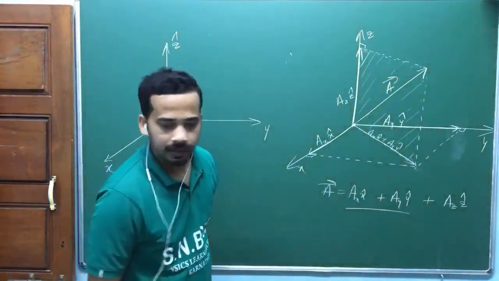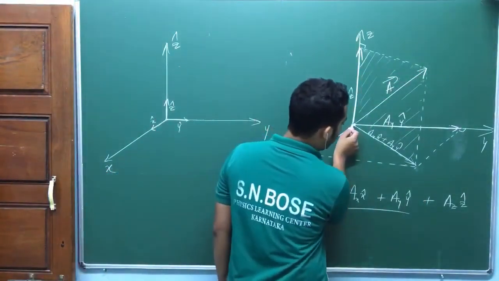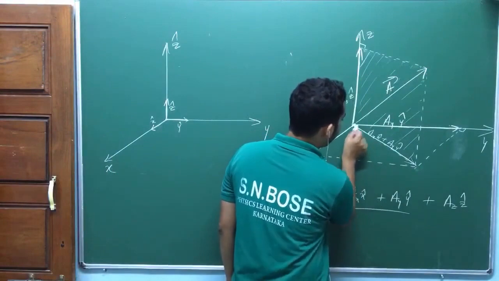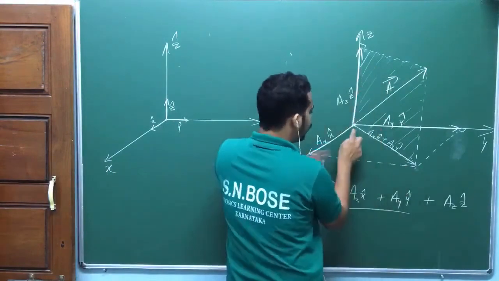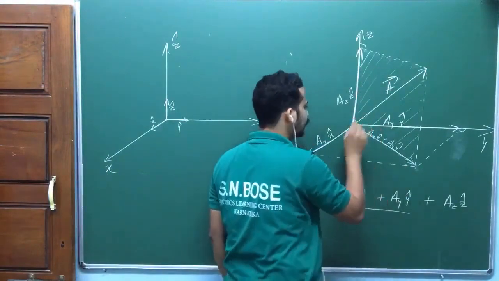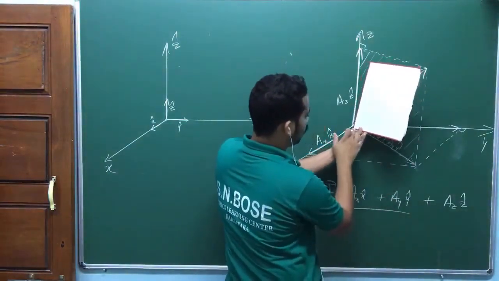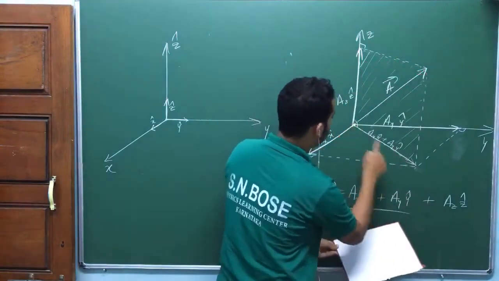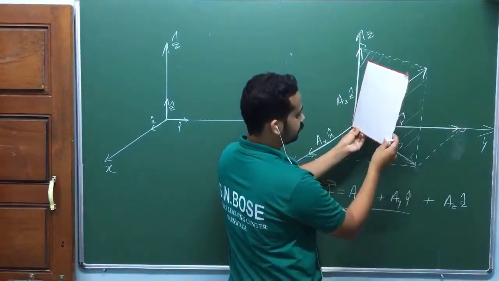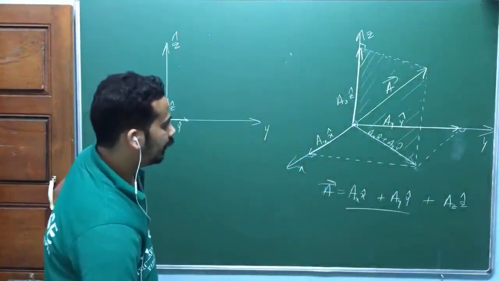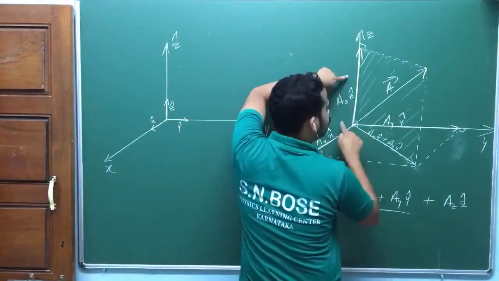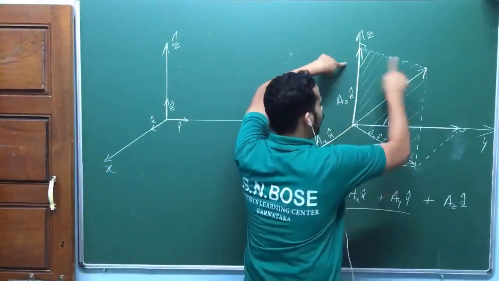Now, this is one vector, this is another vector, which are again perpendicular to each other. Check this out, one vector here, other vector here. Is that okay? Now again, if you add these two, you will get a resultant. This is the parallelogram law of addition.